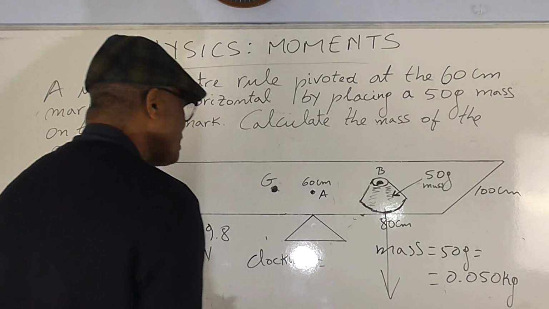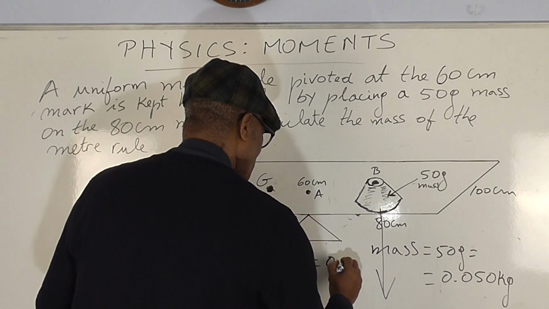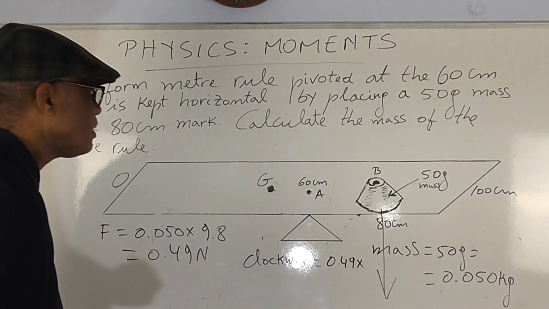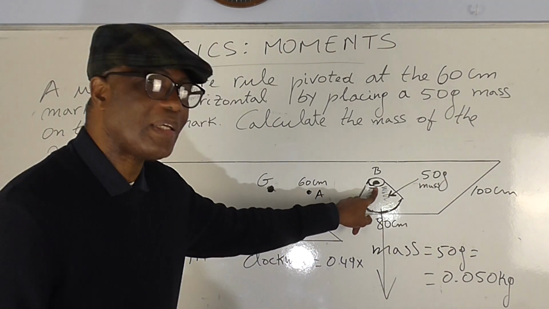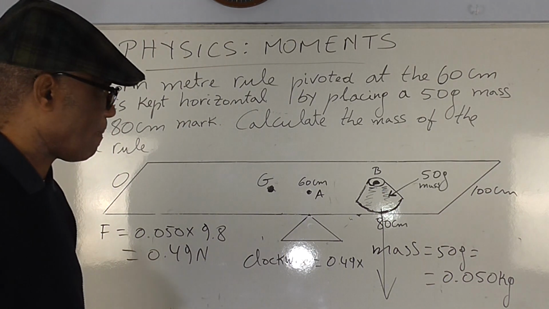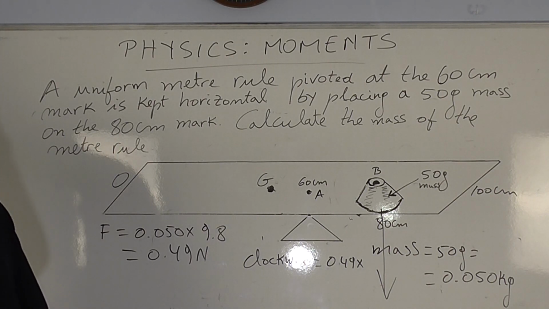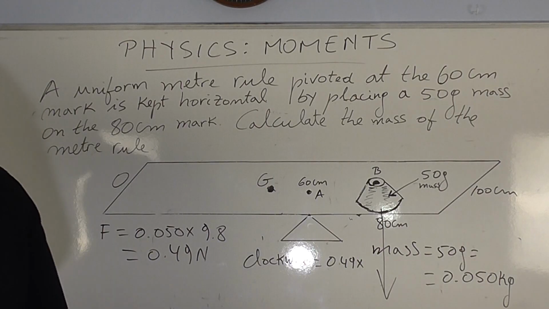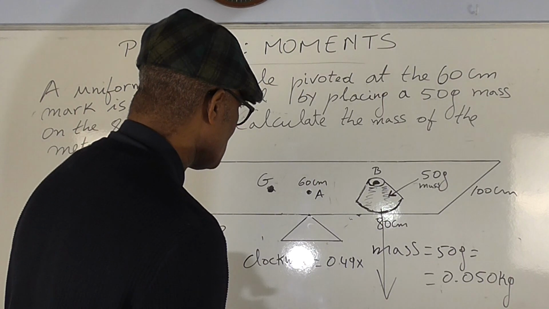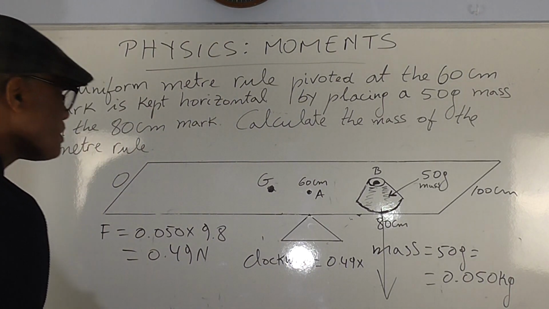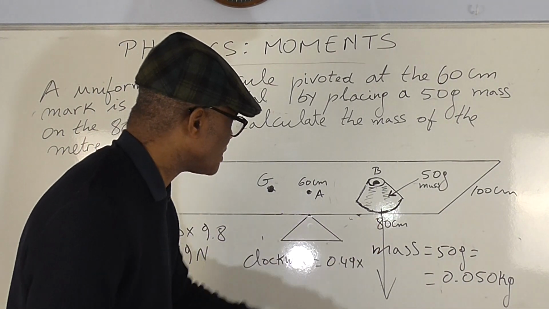Clockwise moment is force, so force is 0.49, multiplied by the distance. The distance is from 60 to 80 centimeter.